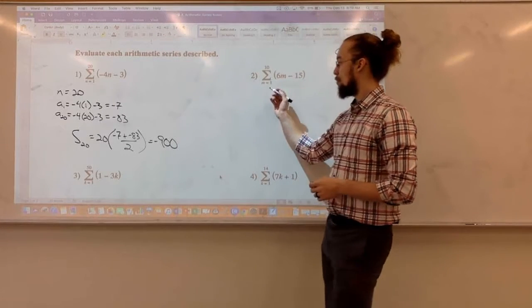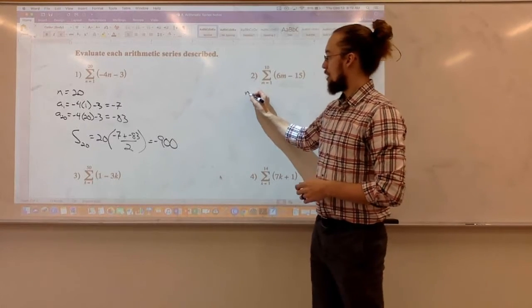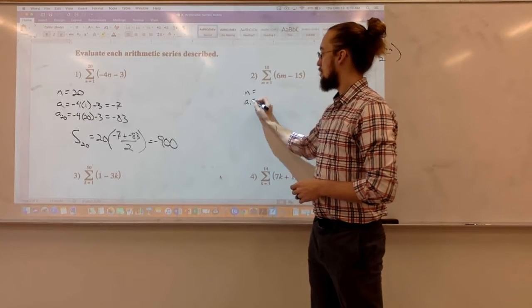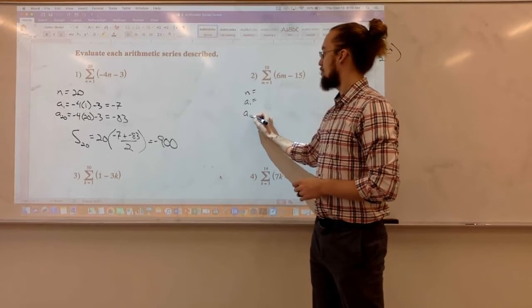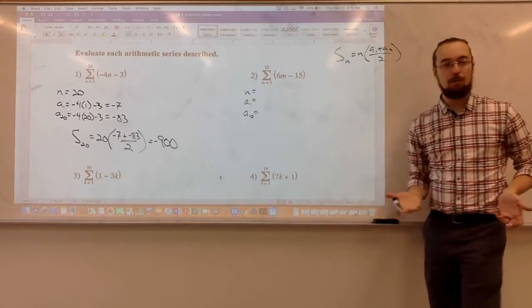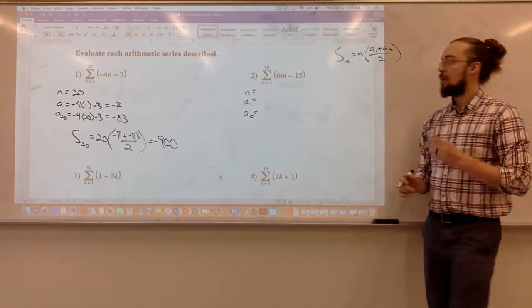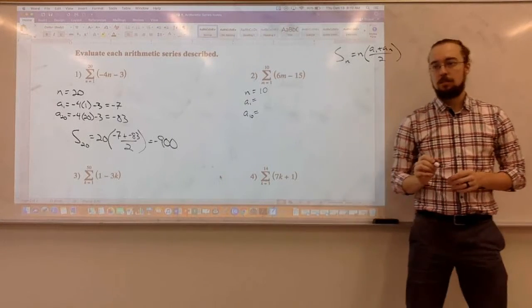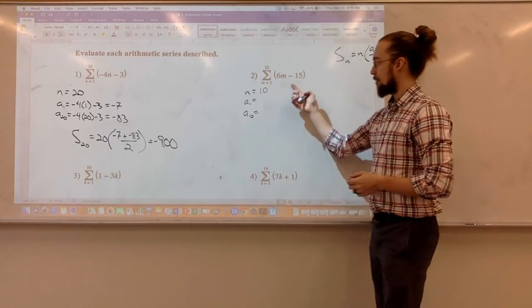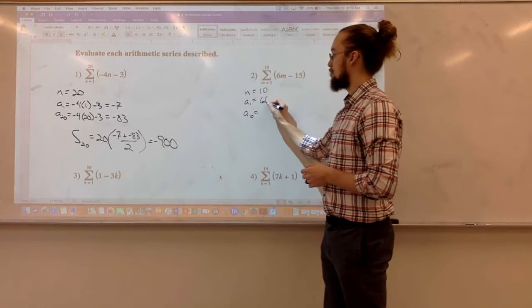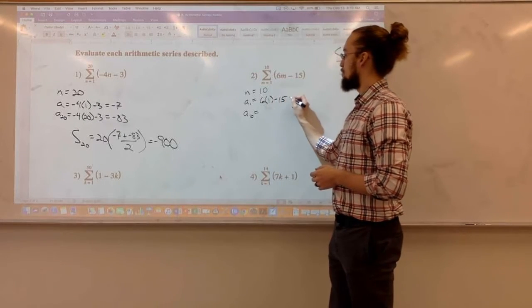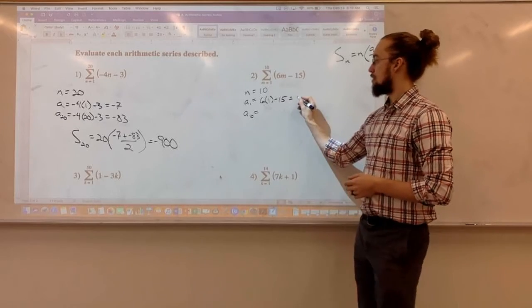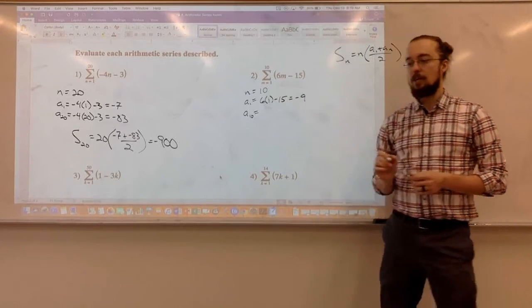So let's do one more together here. My 3 pieces that I need are n, the first term, and in this case the 10th term. So n will be 10. For a sub 1, I'm going to plug 1 into my rule. So 6 times 1 minus 15. 6 minus 15 would be negative 9.